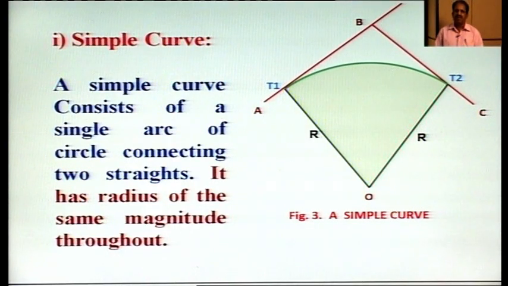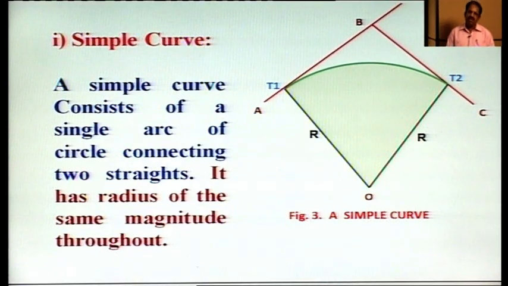It has a radius of the same magnitude as shown in the figure. We have R radius which is constant, and this radius is the same throughout.